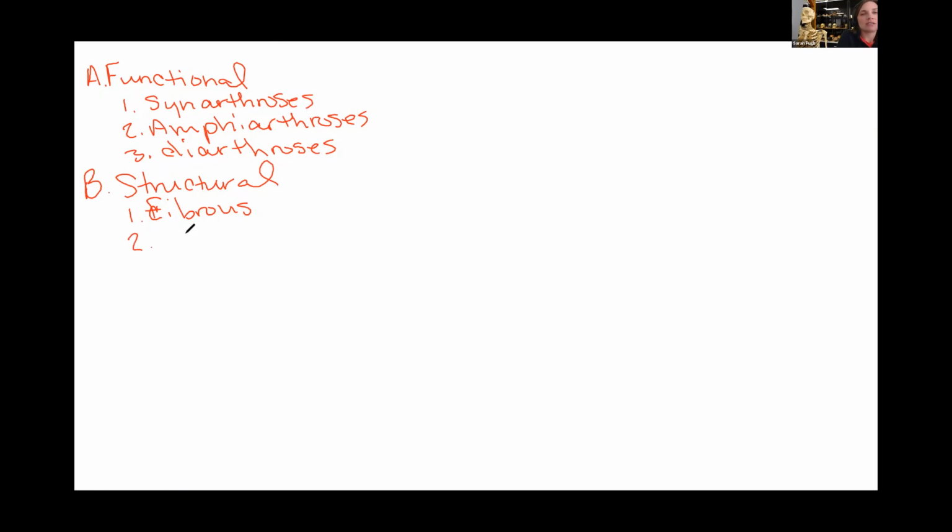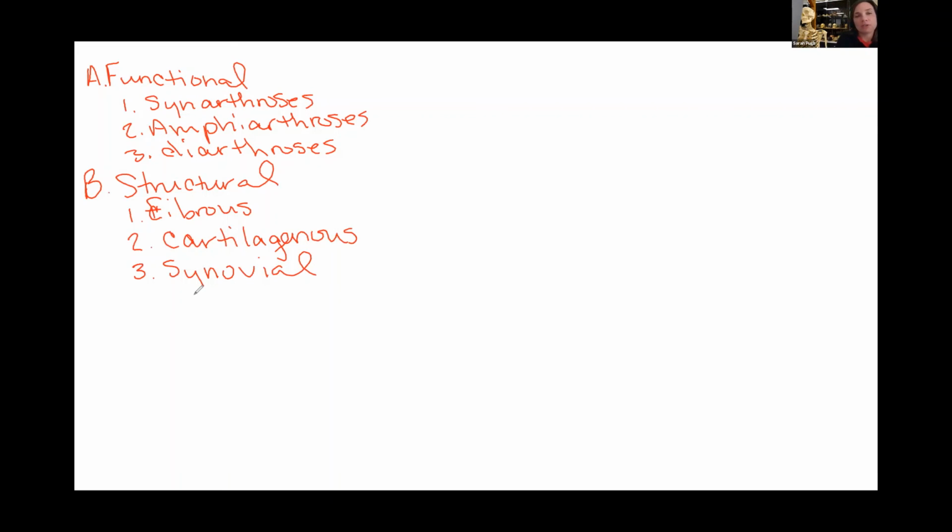We talked about cartilaginous joints. For cartilaginous joints, we have synchondroses and symphyses. And then lastly, we talked about synovial joints, and that is what we spent a lot of our time talking about.